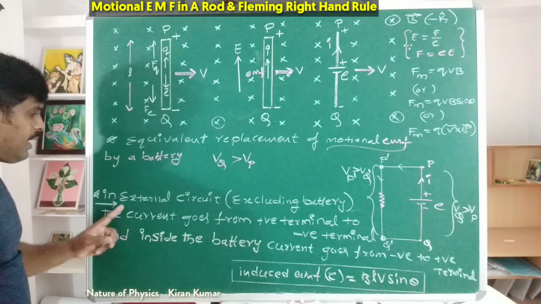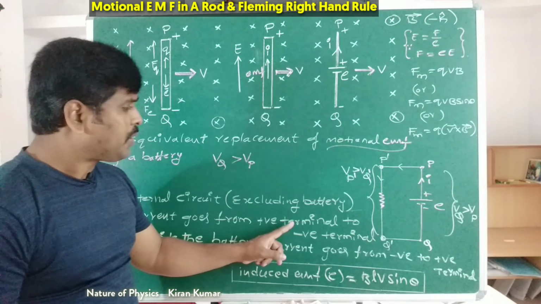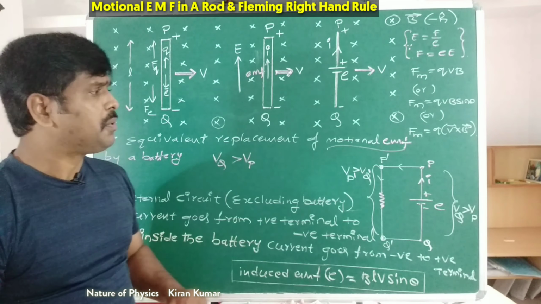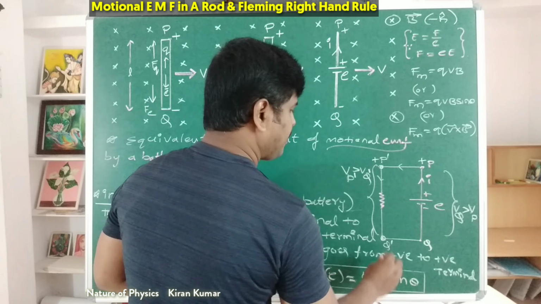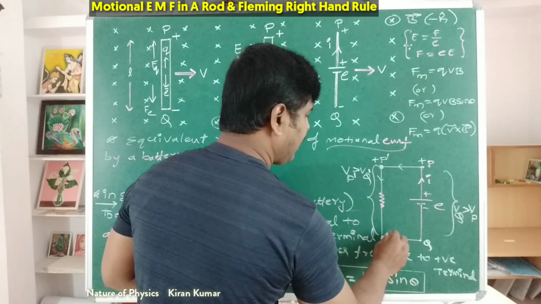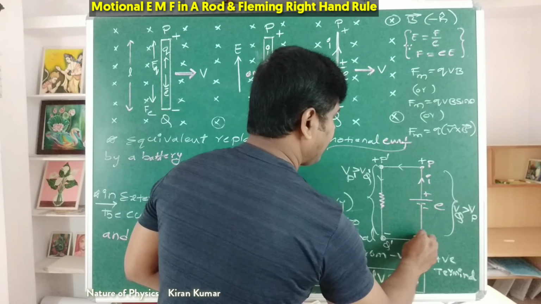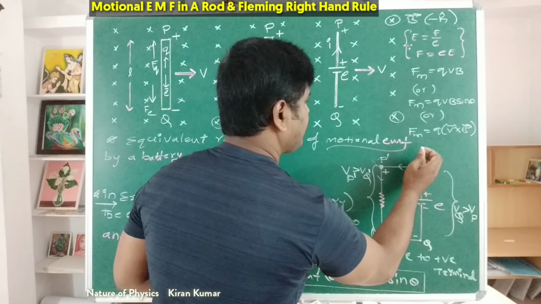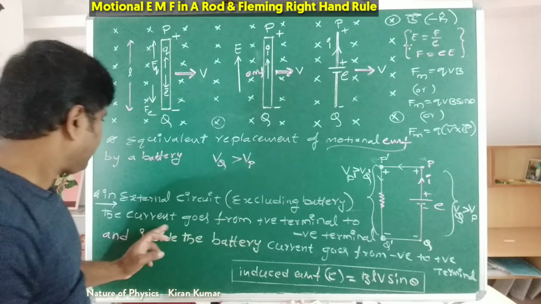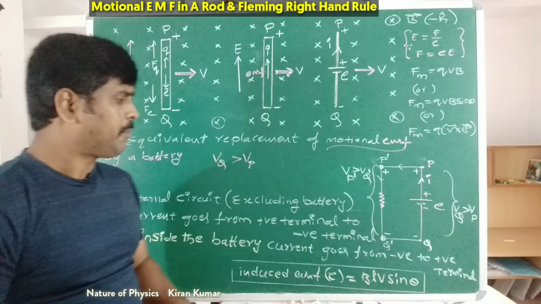See, in the external circuit, the current goes from the positive terminal to the negative terminal, because this is the positive terminal and this is the negative terminal. Current goes from the positive terminal to the negative terminal.